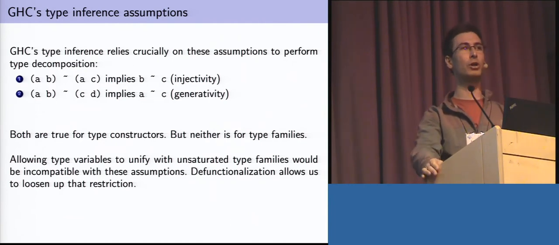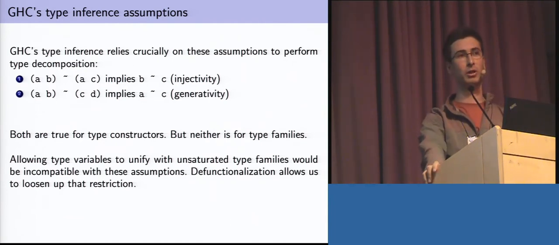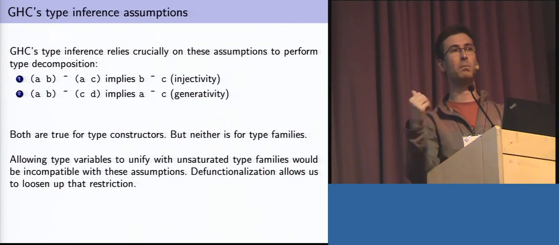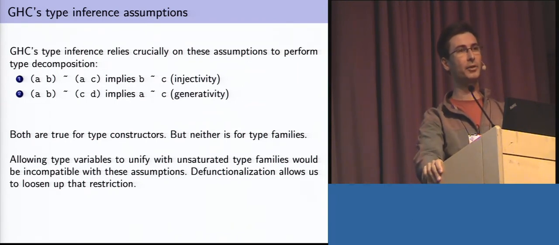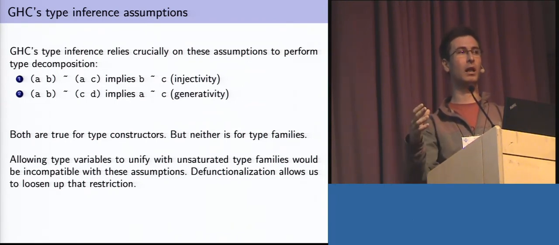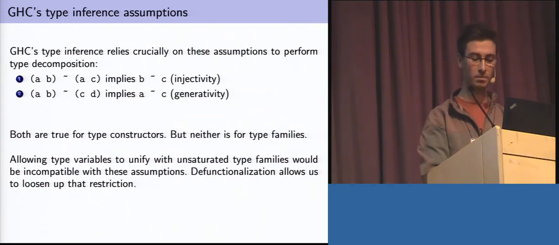If we allow type variables to unify with unsaturated type families, then this would be incompatible with these assumptions, and the functionalization is a technique that allows us to work around that limitation.